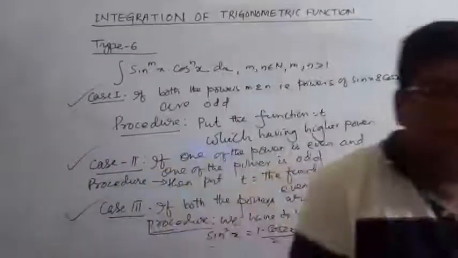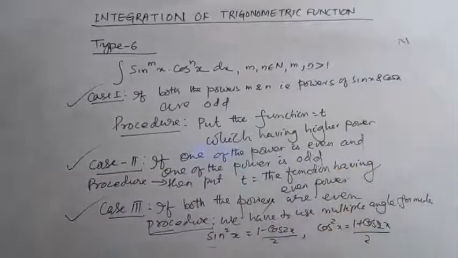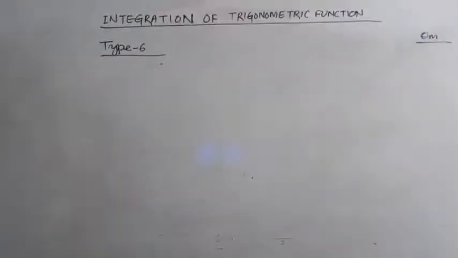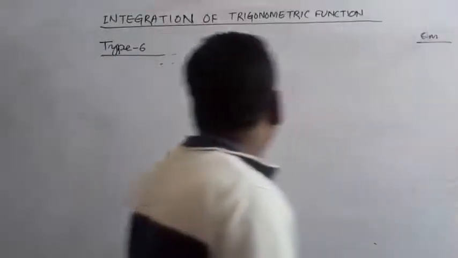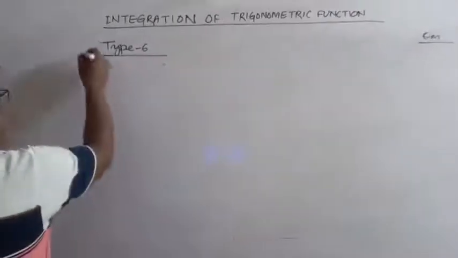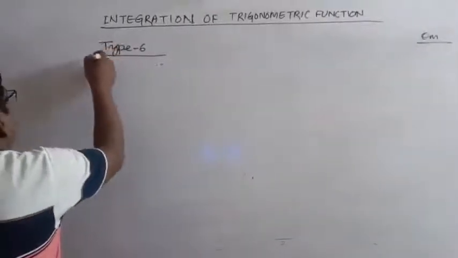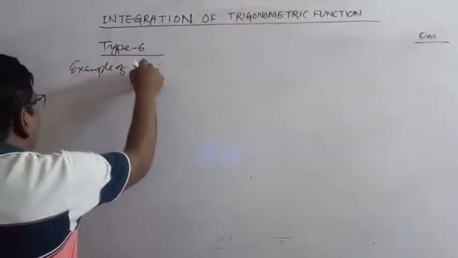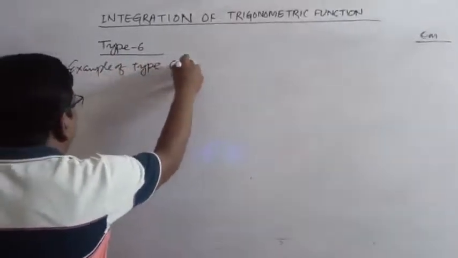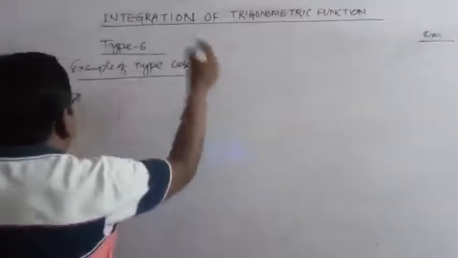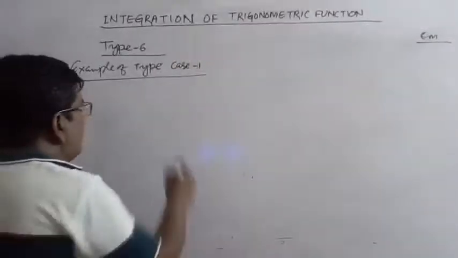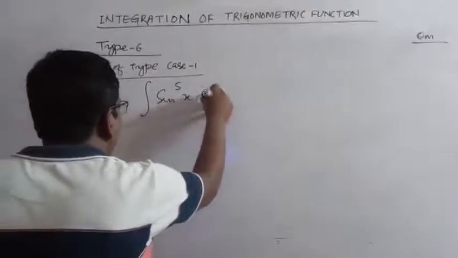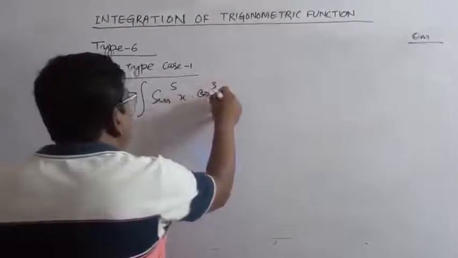Now an example of type 6, case 1: integration of sin 5th x into cos cube x dx.